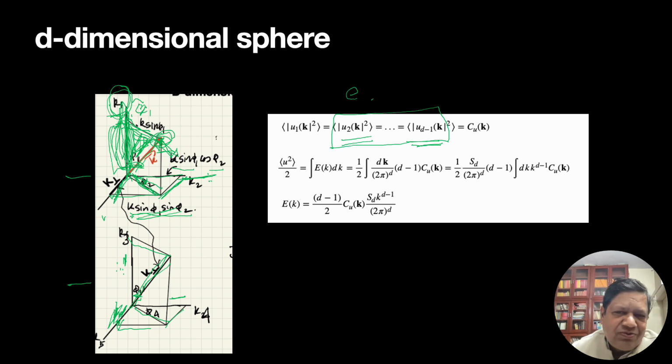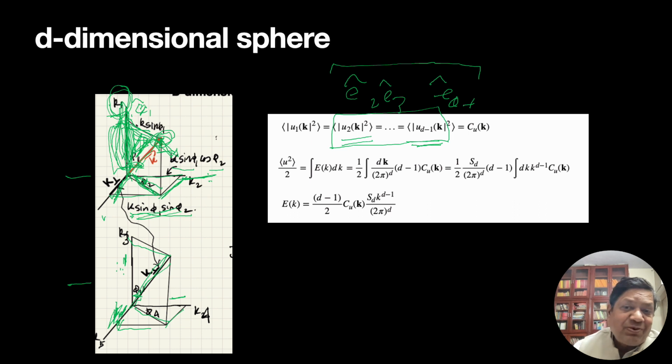So we'll have E2, E3, E(d-1) like that. These are all perpendicular to E1 and perpendicular to each other, in fact they're orthogonal. And the components along these unit vectors are U1, U2, U3, and so on.